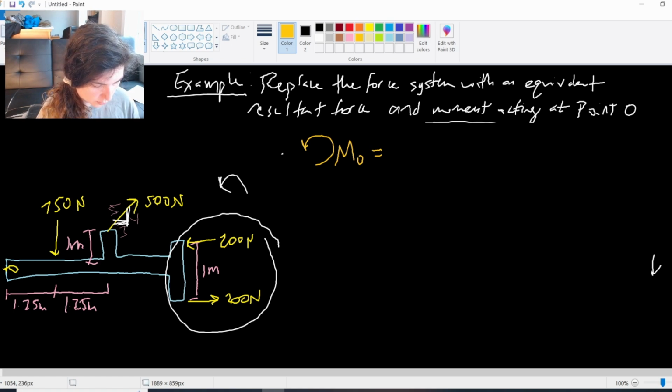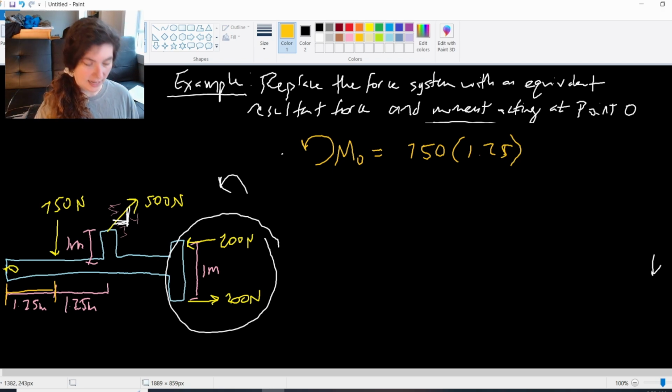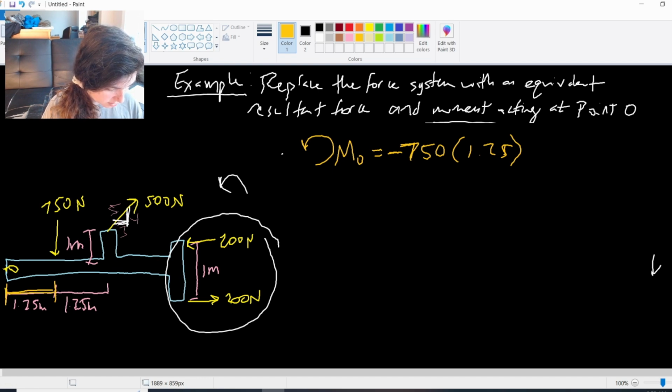Counterclockwise positive, my moment about point O, I will have my 750 newtons times this distance 1.25 away from O. And I'll notice that that is acting clockwise. So this is a negative 750. Negative 750 times 1.25. Then I'll go to my next force, which is this 500 newtons. Now notice that this is not acting on this line of action of the beam. I'm going to have to take both the x and y components of my force here, right?